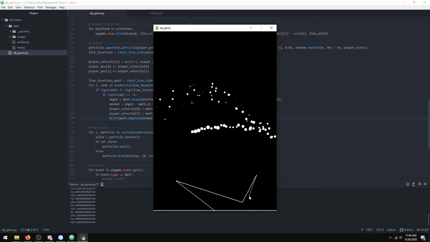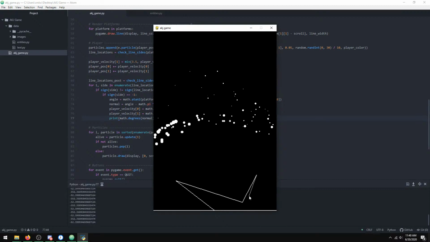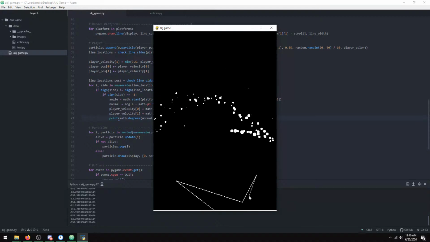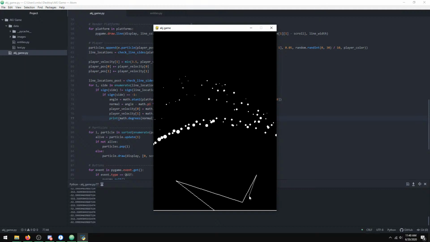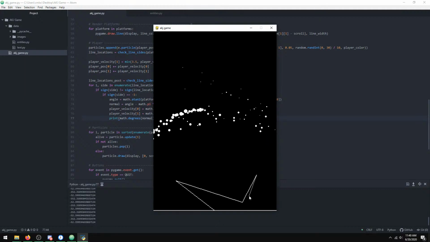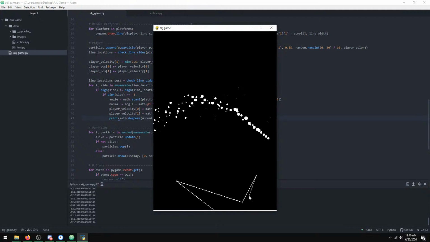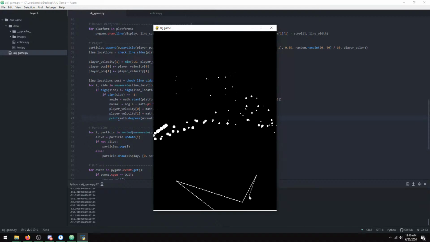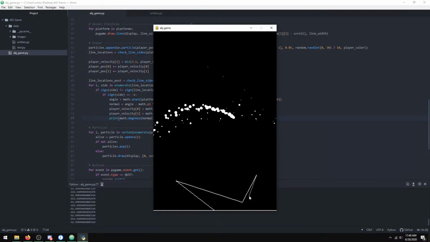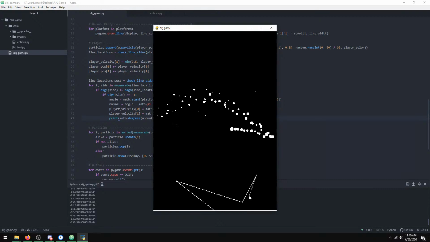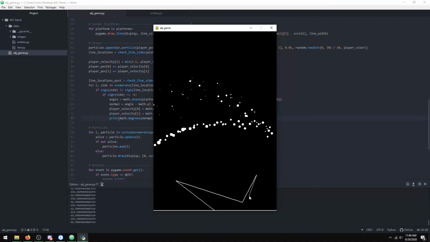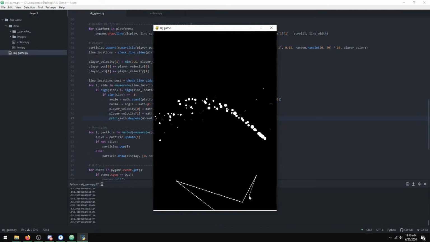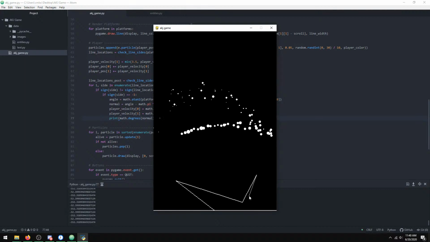I'm trying to think of how I would do that. I can take the perpendicular, see where it crosses the point, and then check what was it saying? I can't remember. I've been staring at this bouncing thing.